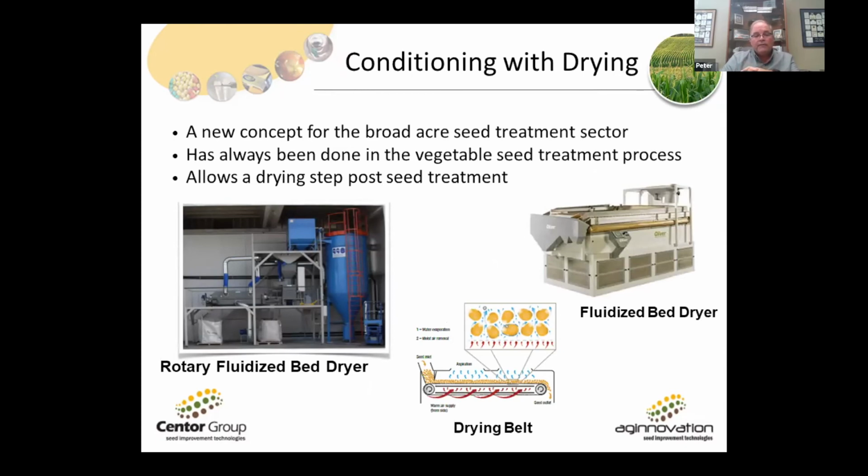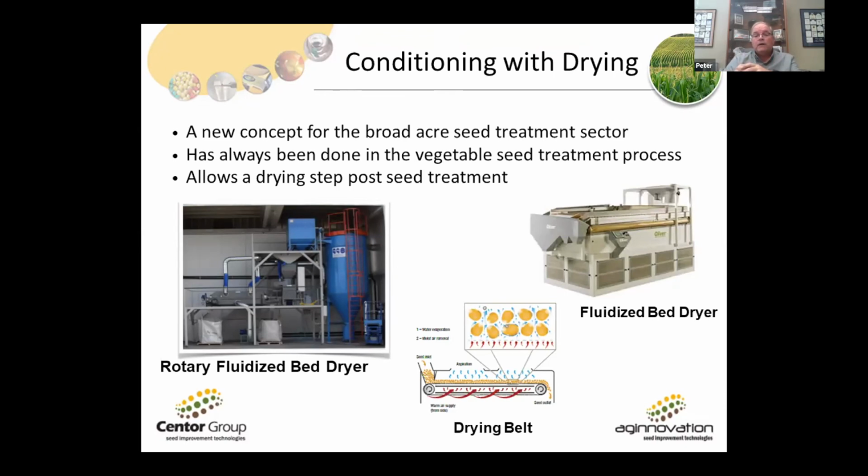What you see on the left is a rotary fluid bed dryer, not the big blue item, but the one on the left, the gray item. The gray unit is a rotary drum that has air going through it. The seed rotates through it and moves through at a very rapid pace. And that rotary fluidization is very effective at curing or drying the seed and avoiding the buildup issues that we can get downstream.